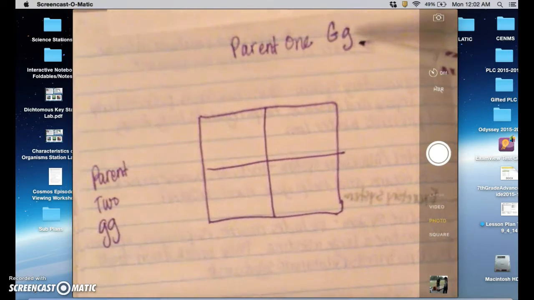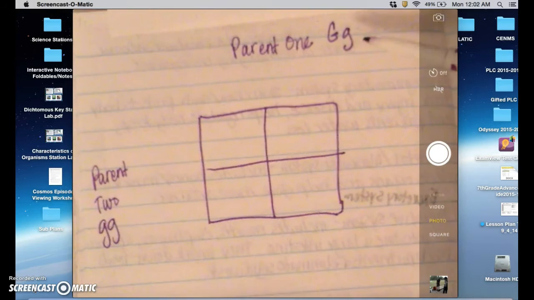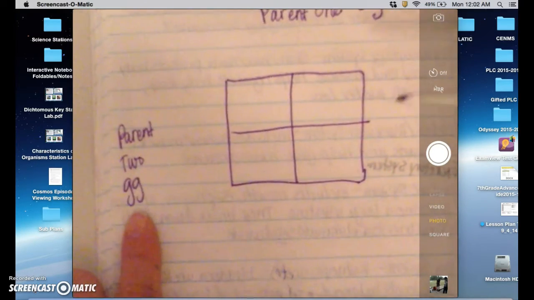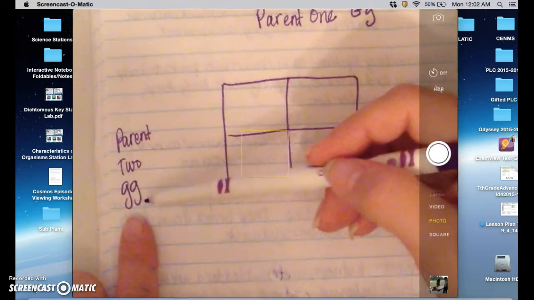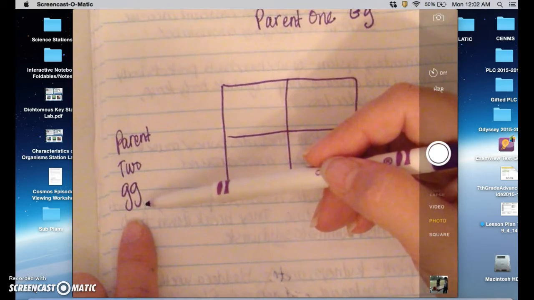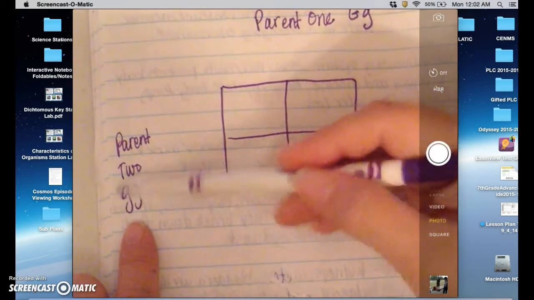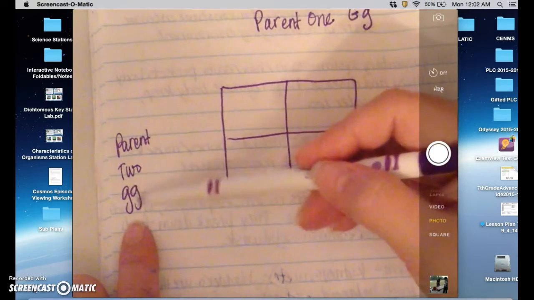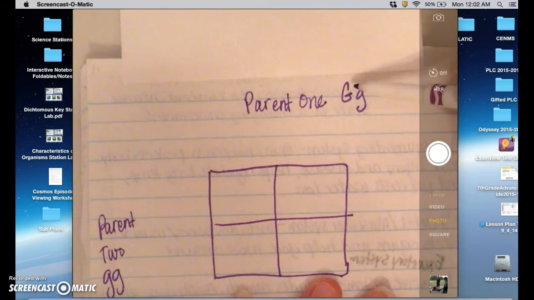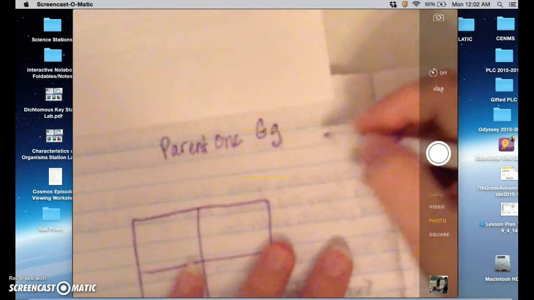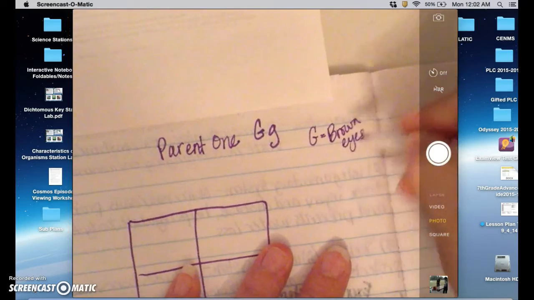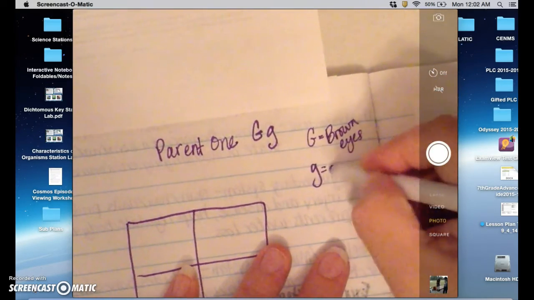When you see a lowercase letter, that is representative of a recessive trait. It takes two recessive traits to show as a phenotype. So for example, this parent 2 is going to have green eyes with this lowercase g. Let's say this capital G is brown eyes. So capital G equals brown eyes, which is a dominant trait, and lowercase g equals green eyes.